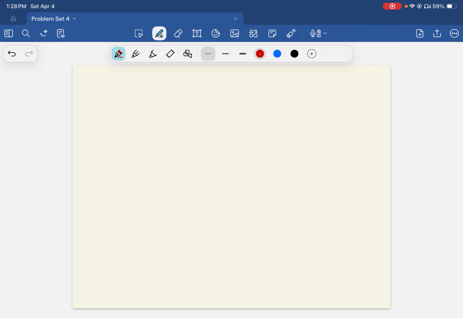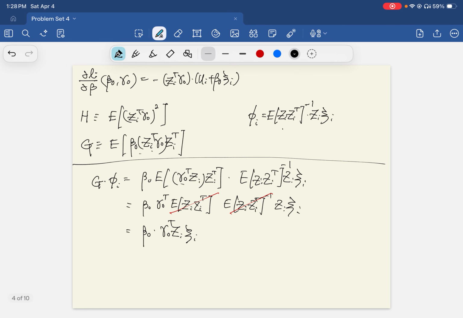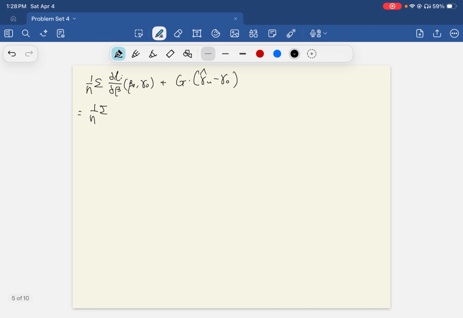So next, we are going to calculate summation of the first derivative plus g times this guy. Summation of the first derivative was this guy, okay? Minus z transpose gamma 0 times ui plus beta 0 psi I. Okay, this is the first term.